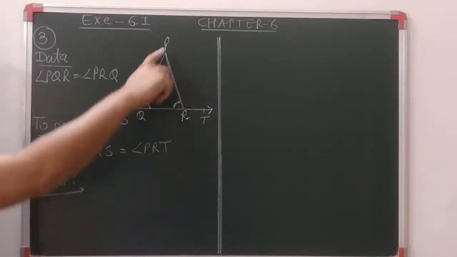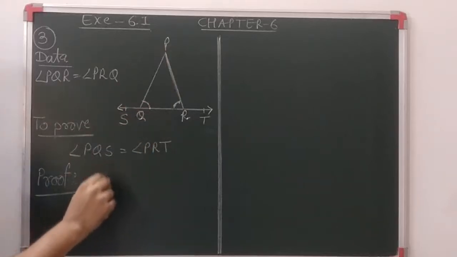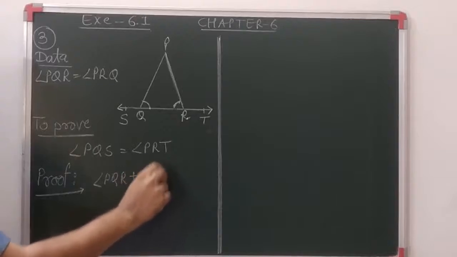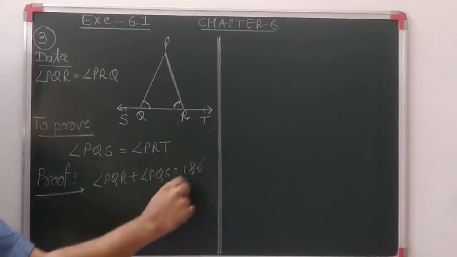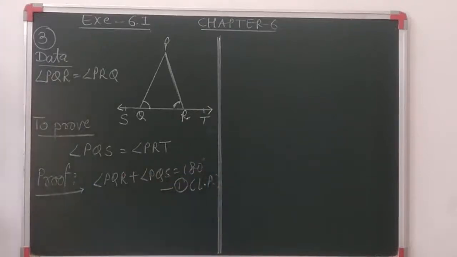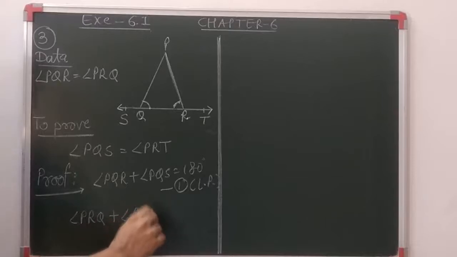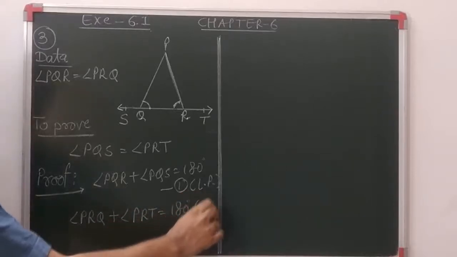Now look at the relation between PQR and PQS. We can say that PQR plus PQS is equal to 180. I'll call this equation 1, and we know the relation: they form a linear pair. Similarly, we can say that PRQ plus PRT is also 180 because they also form a linear pair.